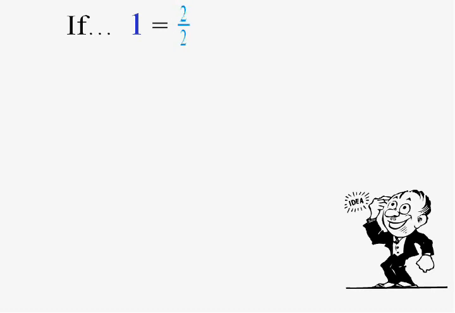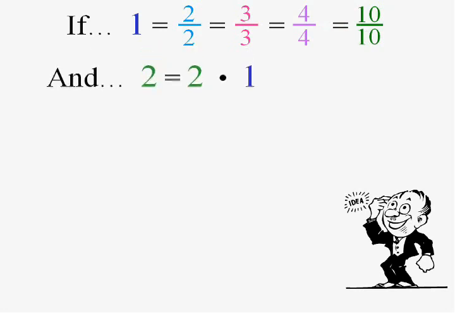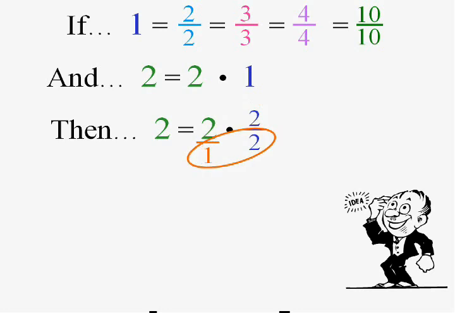Now, if 1 equals these numbers, 2/2, 3/3, 4/4, 10/10, anything over itself, and for instance, we take 2 and multiply 2 times 1, isn't that the same as 2 times 2/2? If we do the multiplication, 2 is the same as 4/2. So the number 2 is the same as the whole number multiplied by the denominator over the denominator, 4/2.